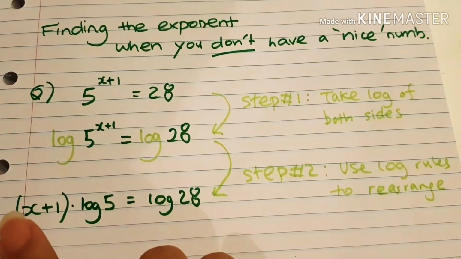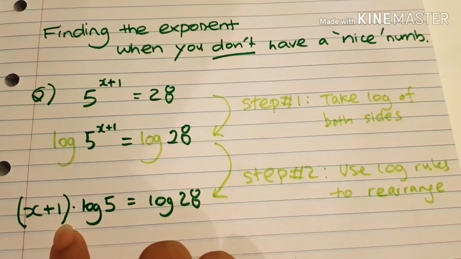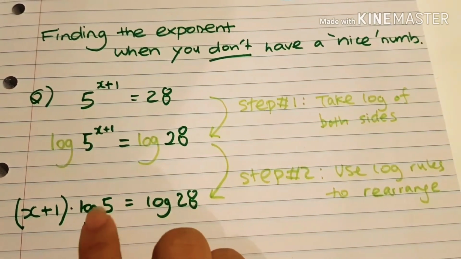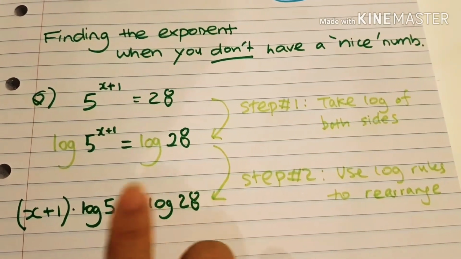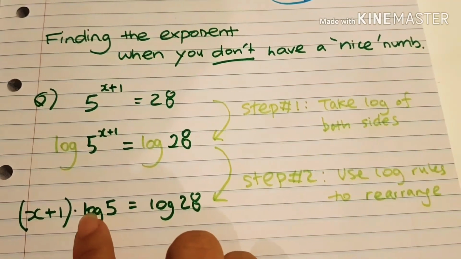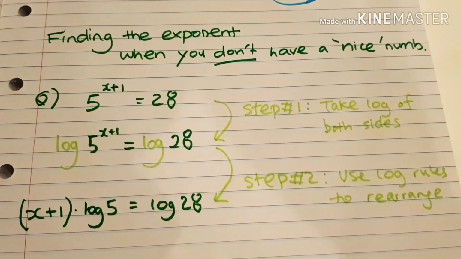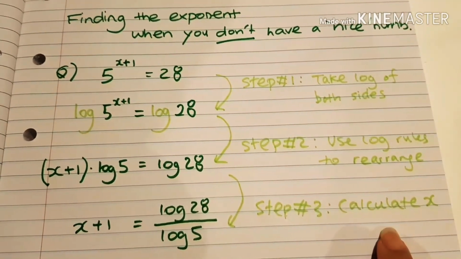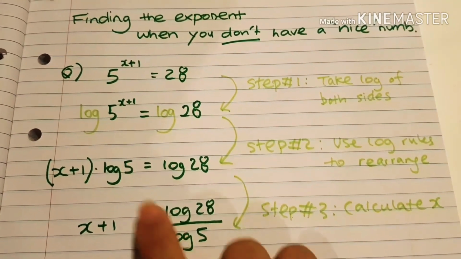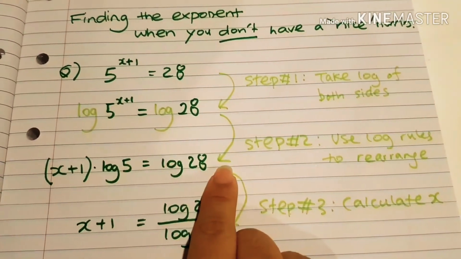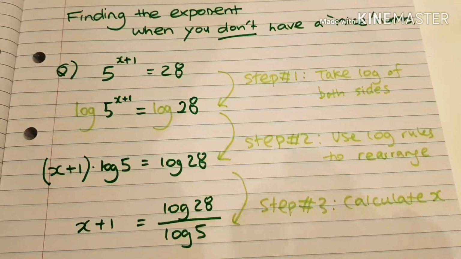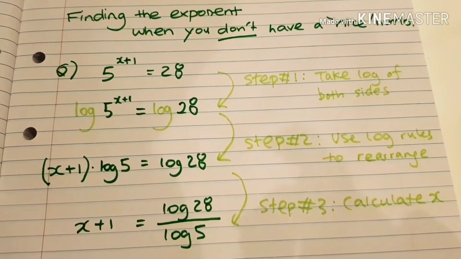In order to find the solution, I need to isolate x. So I'm going to send log 5 to the other side. In this case, these two are linked with multiplication, so I can divide. Like this. Step 3, calculate x. Since it's linked with multiplication, I divide. I can use this on the calculator.